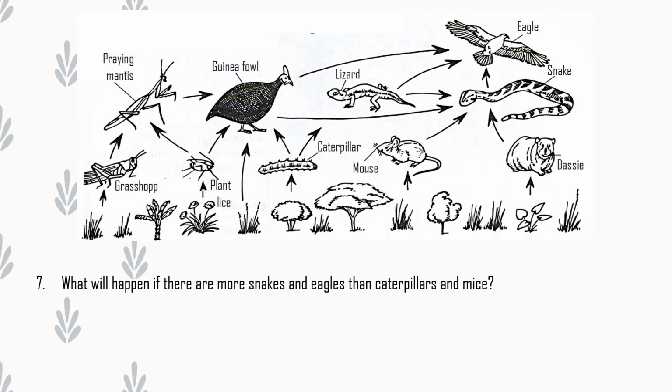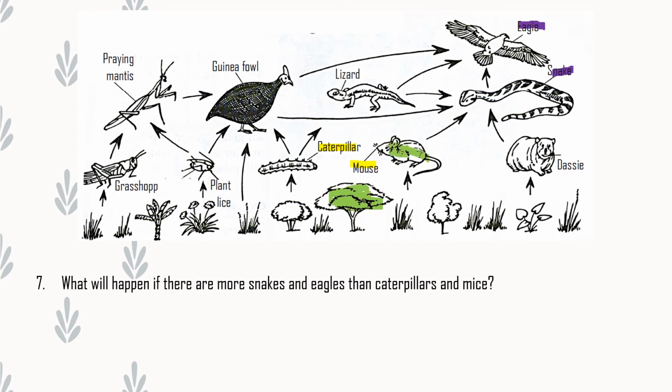Question 7. What would happen if there are more snakes and eagles than caterpillars and mice? If we look at the food web in which they are sort of connected, there's a tree.